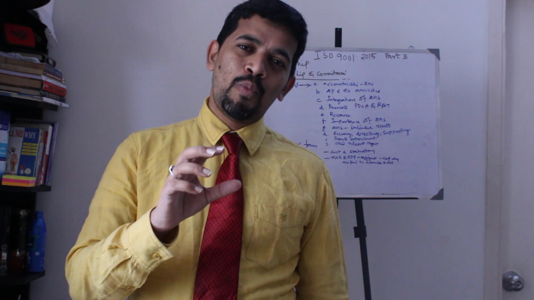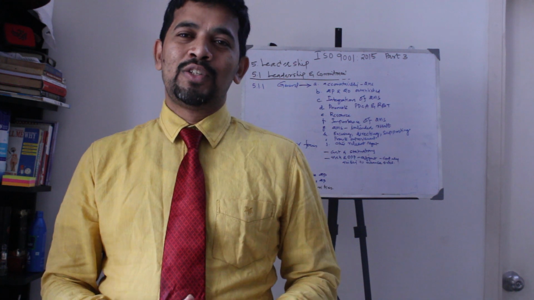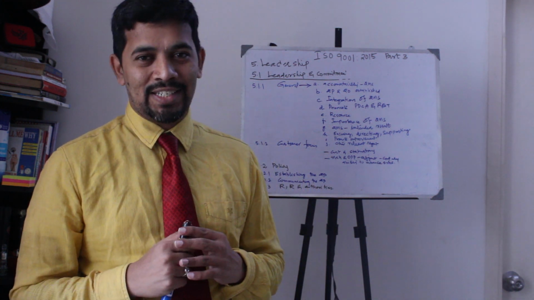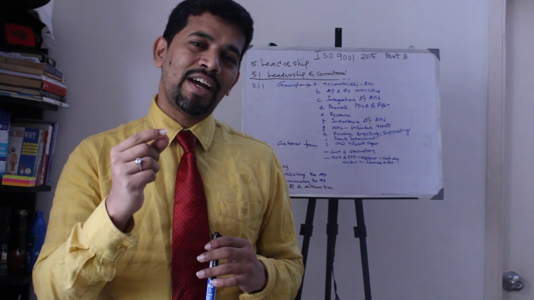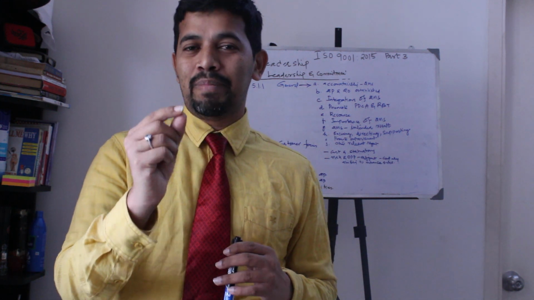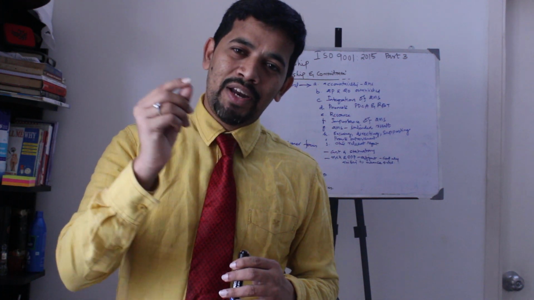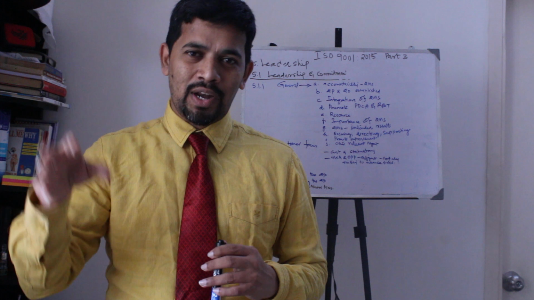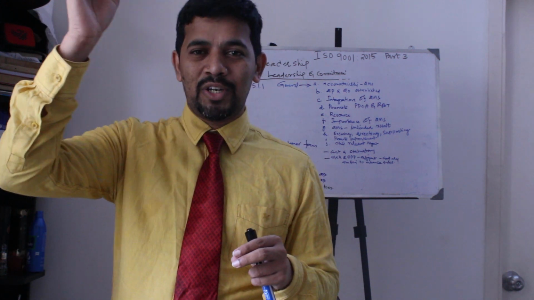Just to give you some precursor points before I go to the subject. This is a very interesting clause, clause number 5, and all the clauses throughout start with the syntax called "top management shall".